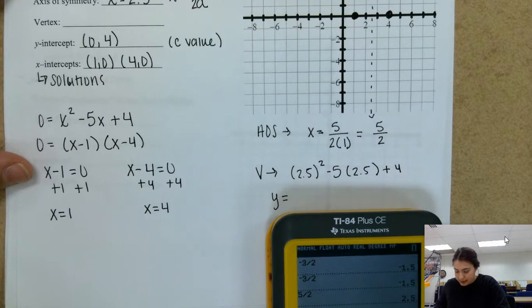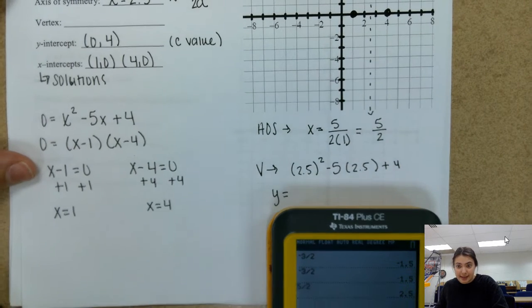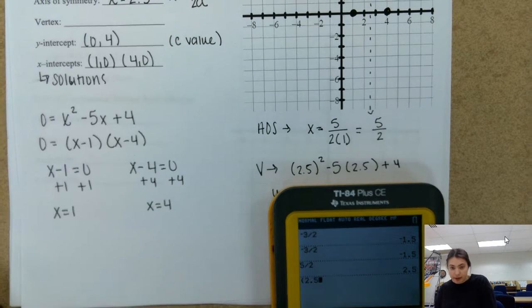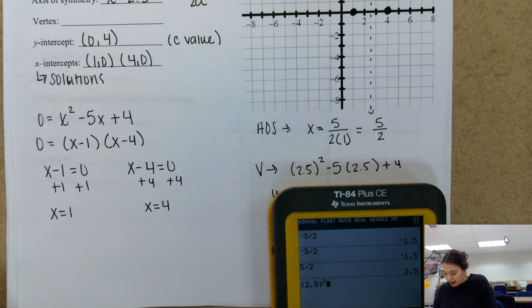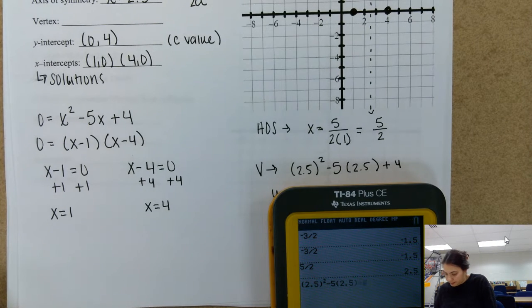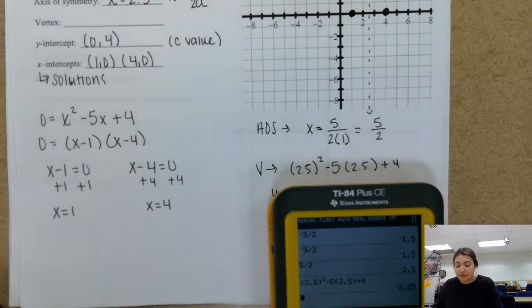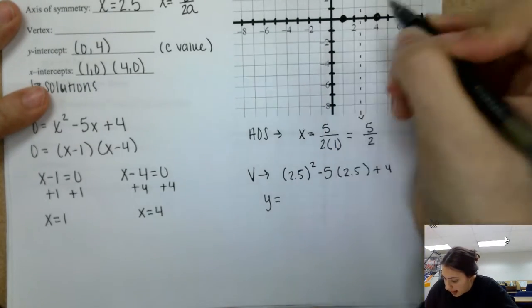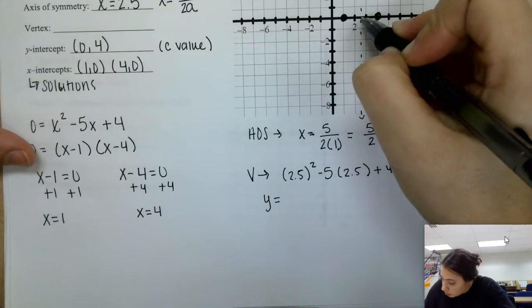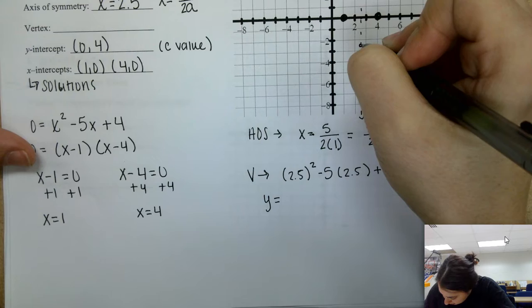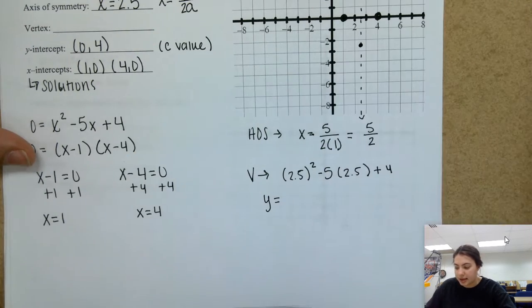I just want to make sure you can see this on the screen: 2.5 squared minus 5 times 2.5 plus 4, and that gives us negative 2.25. So if we go to this axis of symmetry right here, when x is 2.5, we go all the way down to negative 2 and just a little bit further, and we plot that vertex right here.